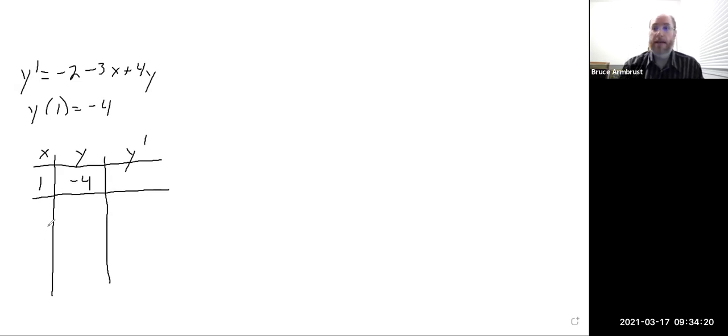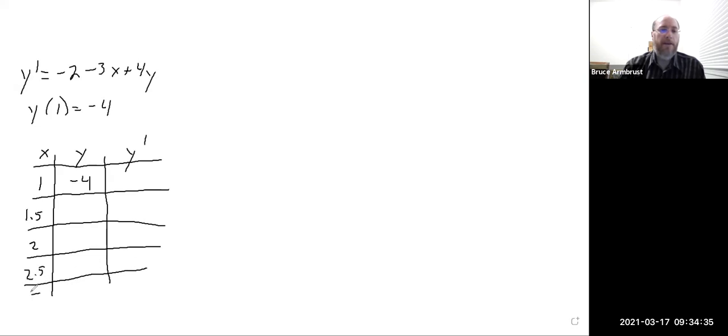I know exactly what x's I'm going to have because they told me to use a step of 1/2. So my next one's going to be 1.5. And then we're going to be at 2. And then 2.5. And then at 3. And I believe that that's as far as we need to go because they said to get y1 through y4. So this is going to be y1, y2, y3, y4.